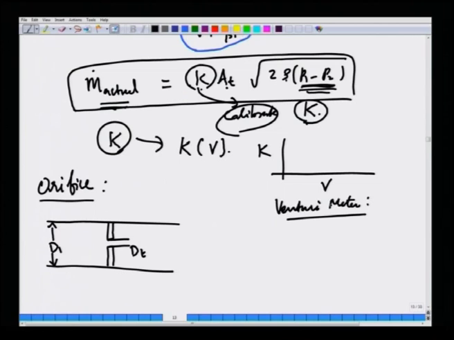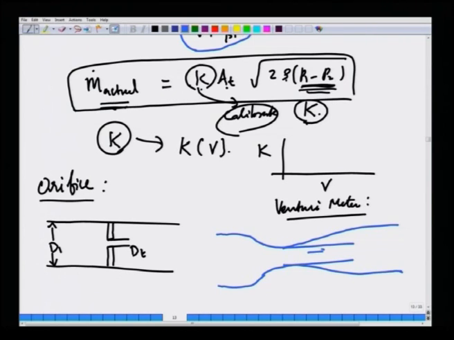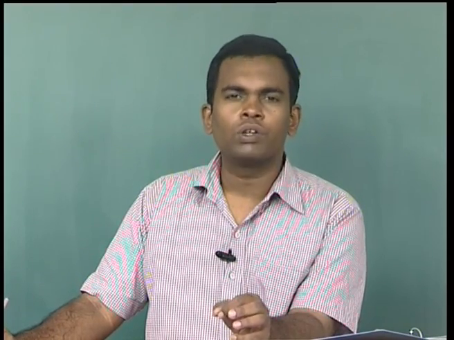Okay. So, here you have this upstream tube, but it gradually converges and gradually diverges, and again fluid is flowing in this region like this. So, this is point 1, this is point 2, this is the throat diameter. Okay. So, these are the two common configurations of the restriction flow meters that are often used.